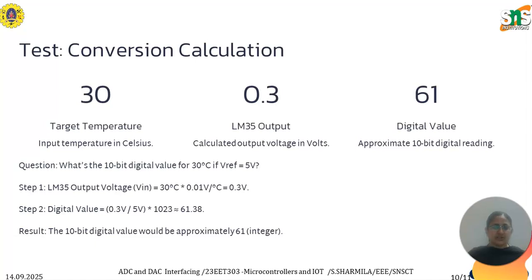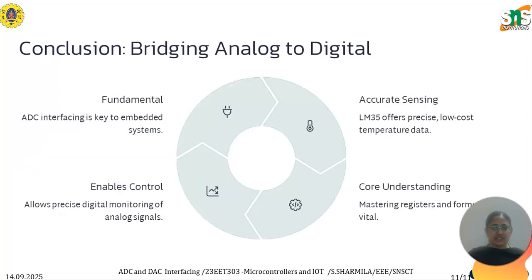So the digital value is V in divided by V reference times 1023, that is 0.3 volt divided by 5 volt times 1023, equal to 61.38. The result: the 10-bit digital value would be approximately 61.